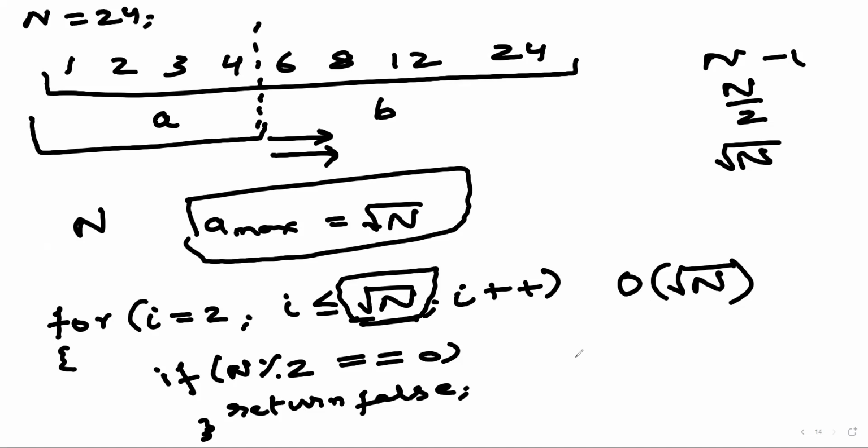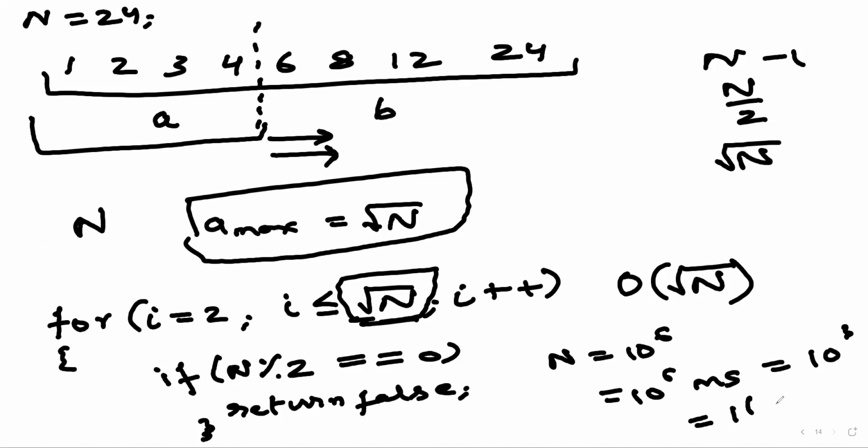And just to give a perspective, let's say n given to us is 10 to the power 6. In the first two cases, let's just assume each operation takes about 1 millisecond, right? So in this case, it would take us 10 to the power 6 milliseconds, which is about 10 to the power 3 seconds, which is about 16 minutes, right?